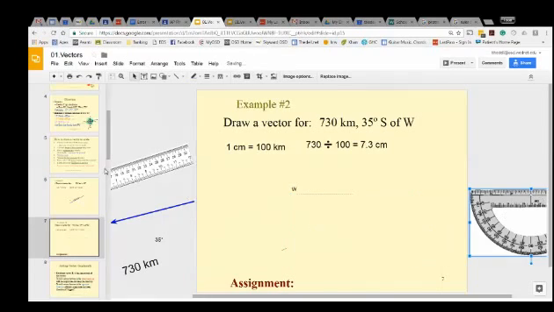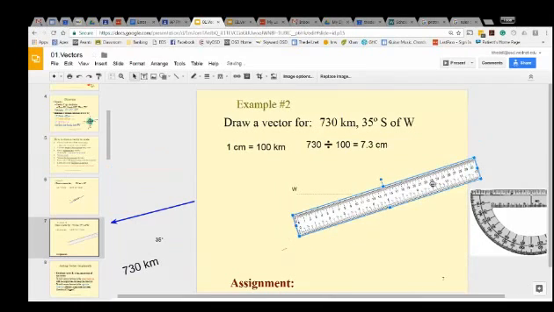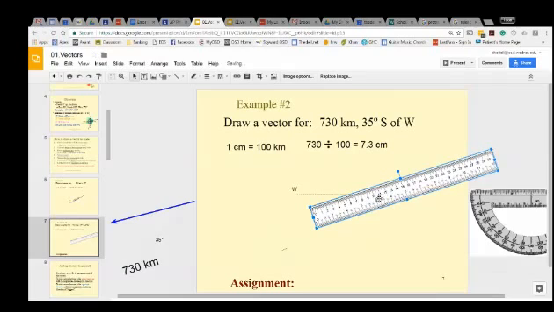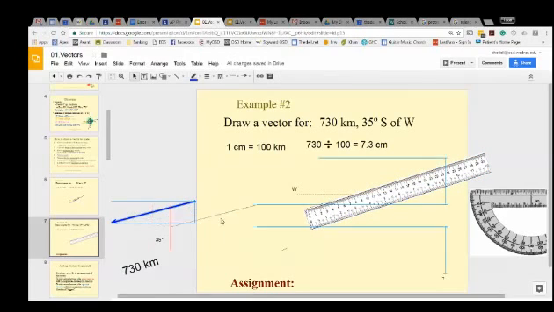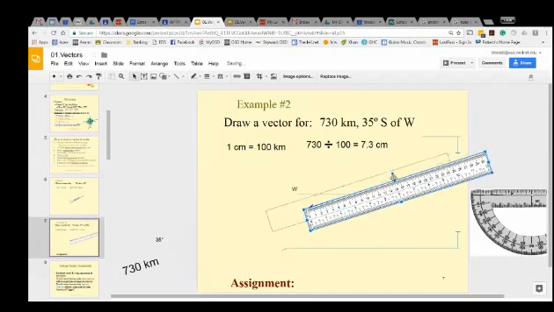Okay, move that out. I'm going to take my ruler and measure 7.3 centimeters out from where I started. It's not really easy to do with this. I'm then going to draw my vector from the beginning of that to the end. So there's my vector.